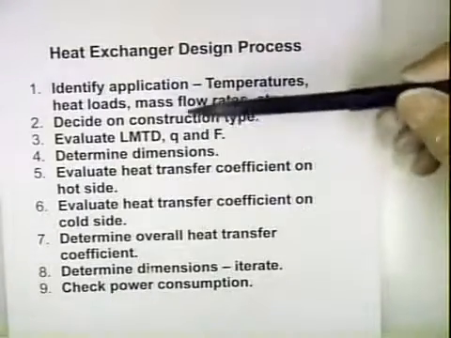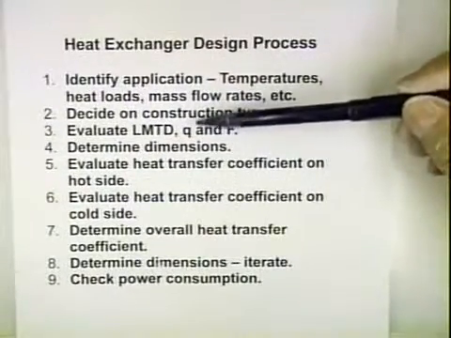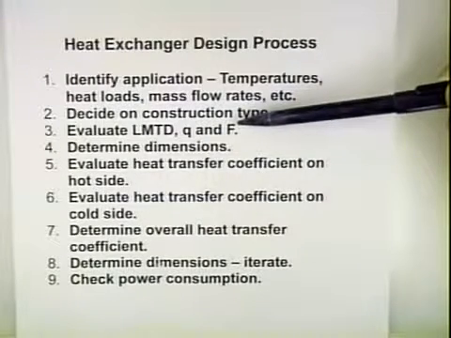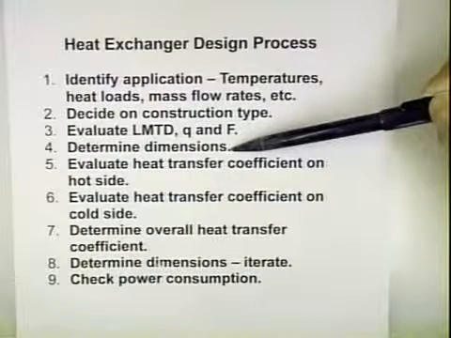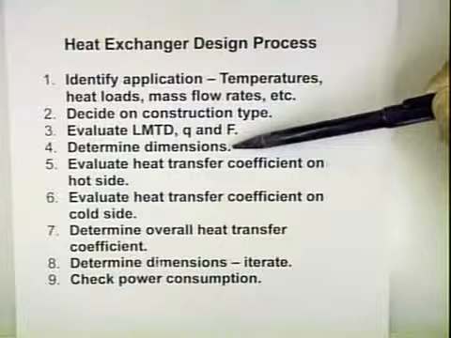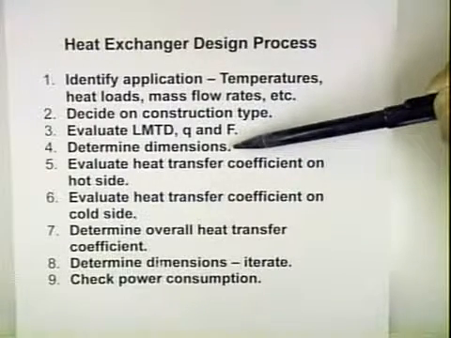In our case, we evaluated the log mean temperature difference. We got the heat rate, and since it's a shell and tube, we also needed a correction factor. If you have a different type, you might not need the correction factor. Then we determined the dimensions, and this is something that just is based on experience and judgment. If you don't have that yet, you just have to pick some numbers and develop your experience.